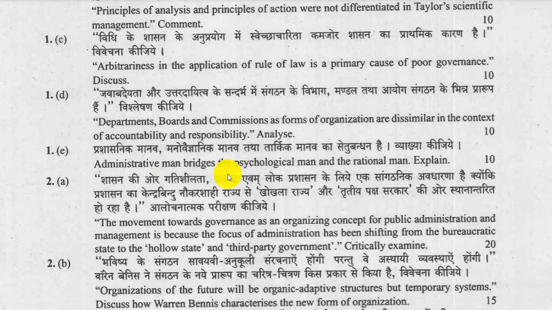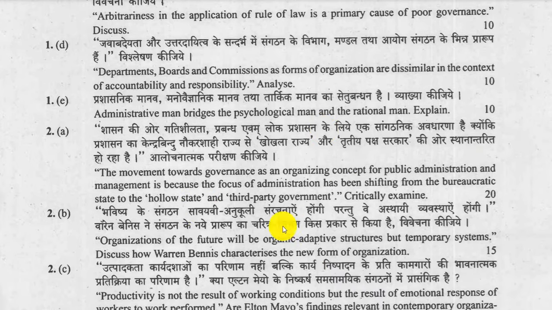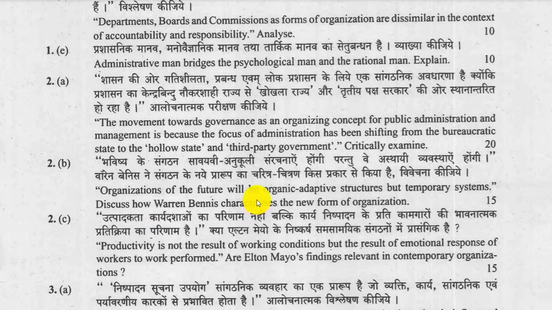Administrative man bridges the psychological man and rational man. Explain. The movement towards governance as an organizing concept for public administration and management is because the focus of administration has been shifting from the bureaucratic state to the hollow state and third party government. Critically examine. Organization of the future will be organic, adaptive structures, but temporary systems. Discuss how Warren Bennis characterizes the new form of organization.